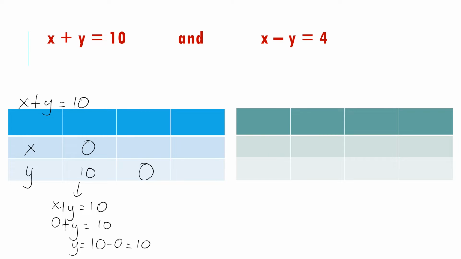Do the same steps also, but now because y is 0, you need to find the x. x equals 10 minus 0, so the answer will be 10.